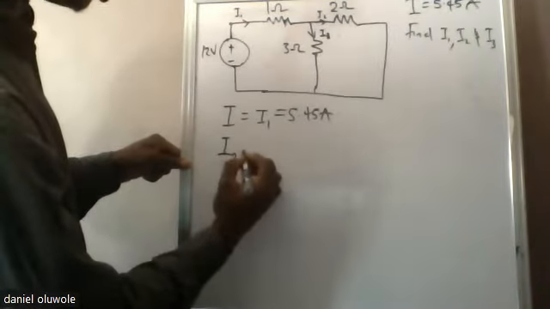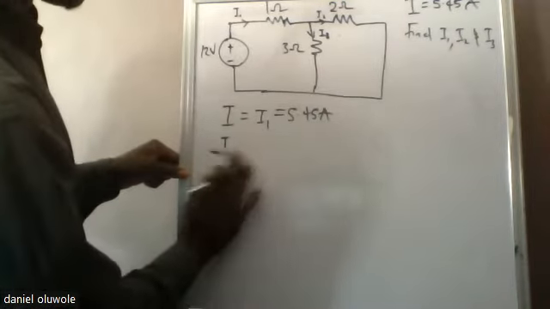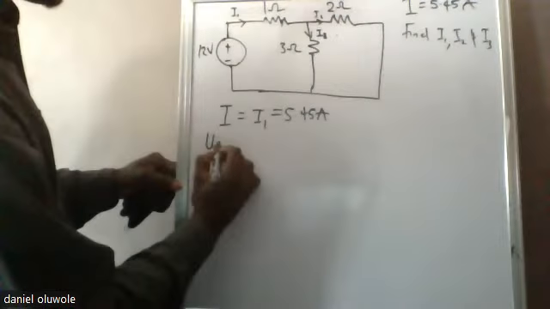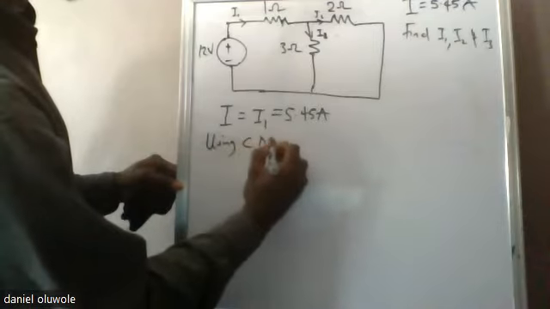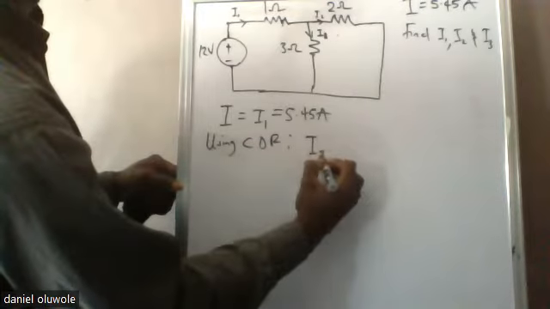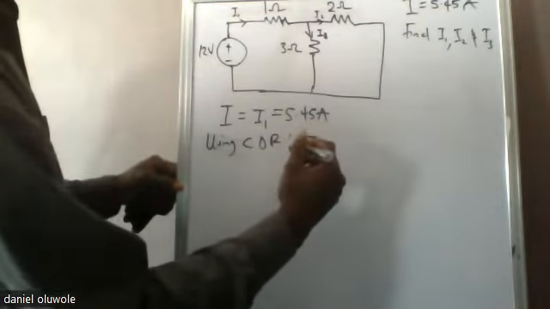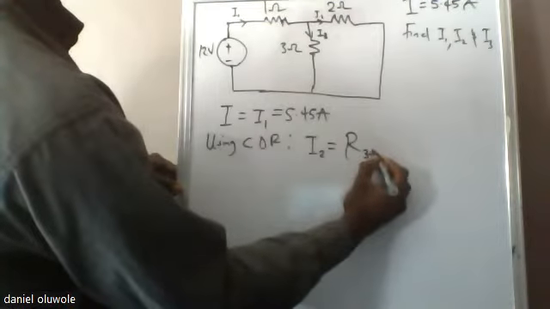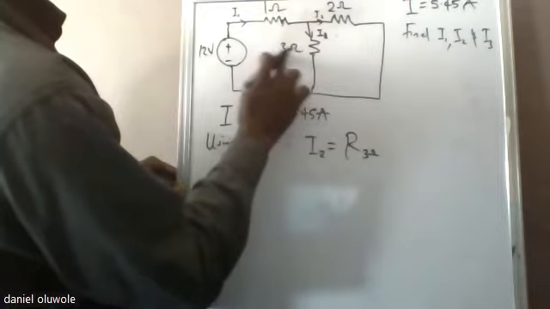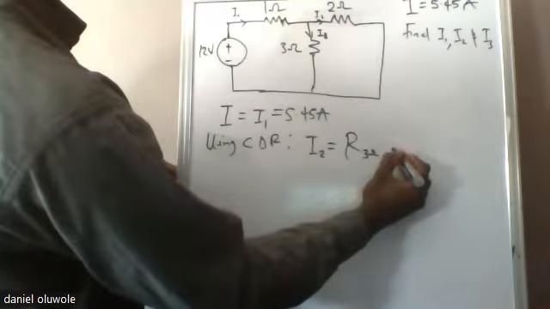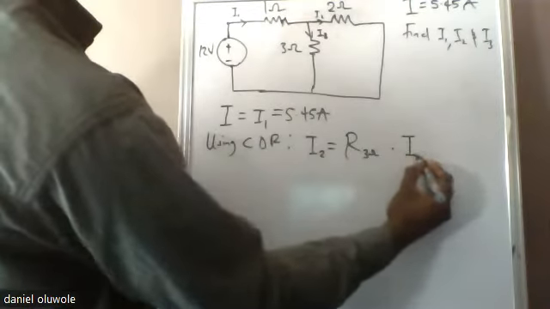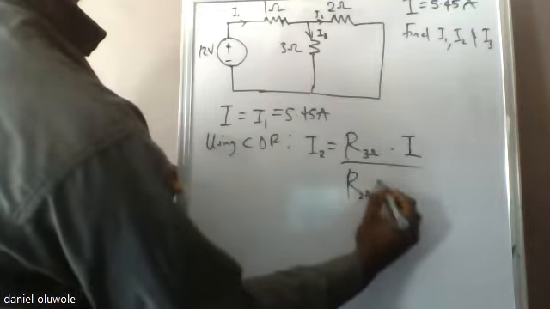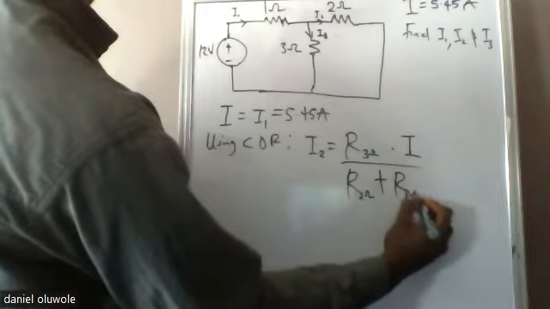To get I2, we use the current division rule, which states that I2 will be equal to R3 ohms multiplied by I, the total I, divided by R2 ohms plus R3 ohms.